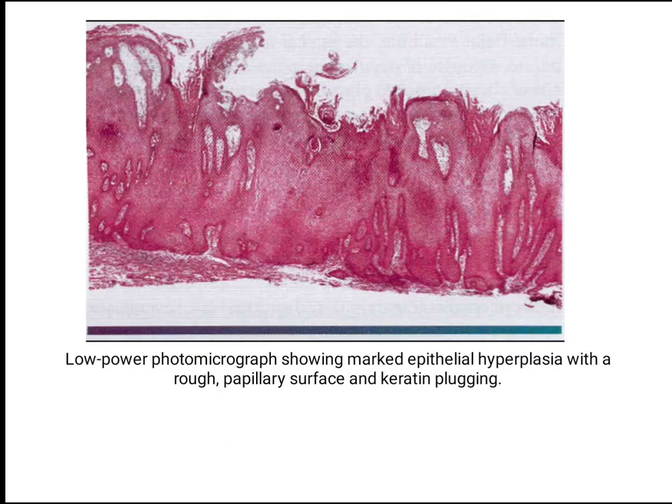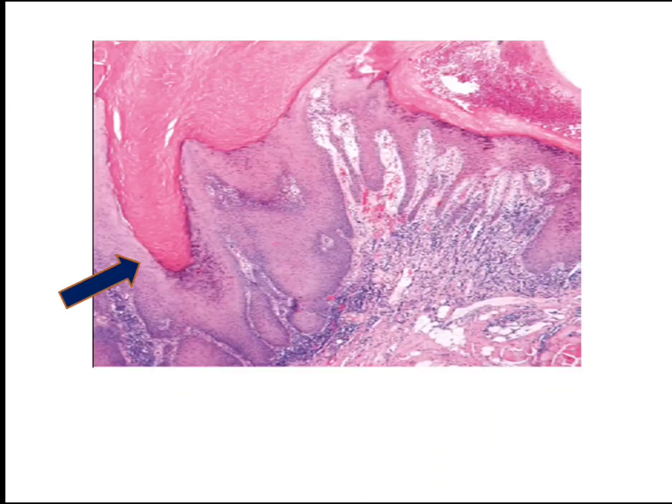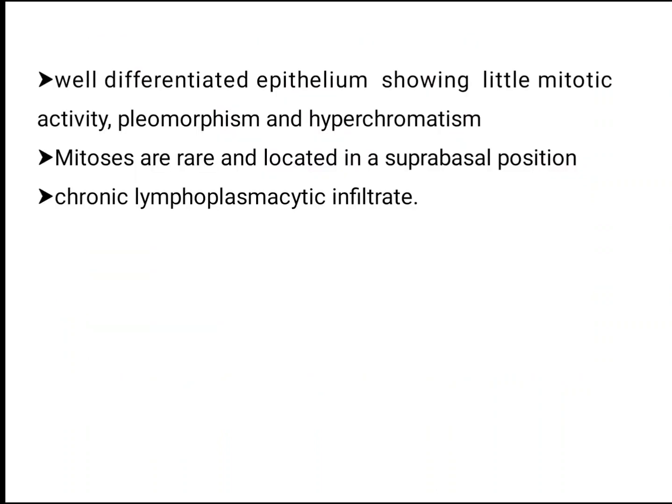Okay, so in the verrucous carcinoma, the first important point is we will see the broad rete ridges. We will see intact basement membrane. We will see papillary epithelial growth pattern. We will see these cleft-like areas present in the epithelium, and these areas are filled with parakeratin, which is known as parakeratin plugs. Okay. In the connective tissue, we will see inflammation.